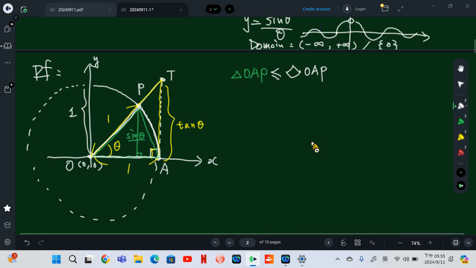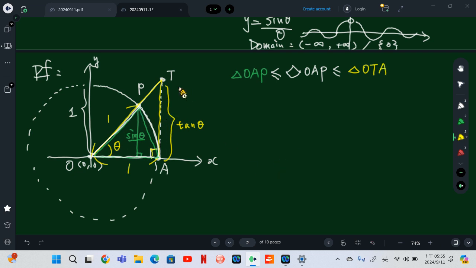Then this part will be less than or equal to triangle OTA, or OAT, right? So we can see the yellow one is the largest one, and the smallest one should be the green triangle. In between, we have a fan sector here. So you can see it's just the sandwich theorem, right? This is the largest, this is the smallest, and in between we have the fan sector.